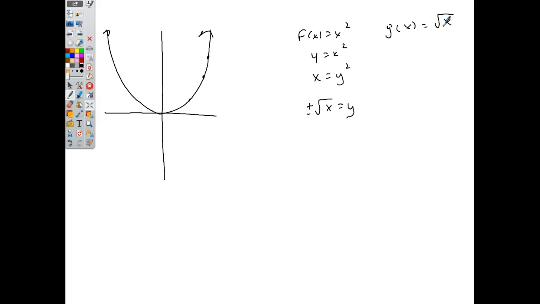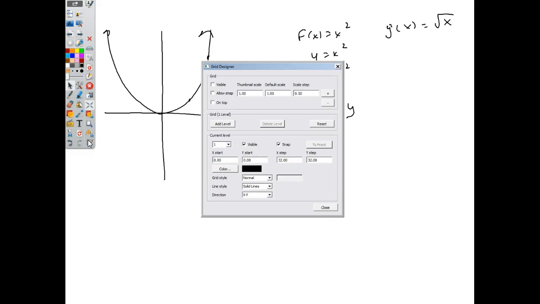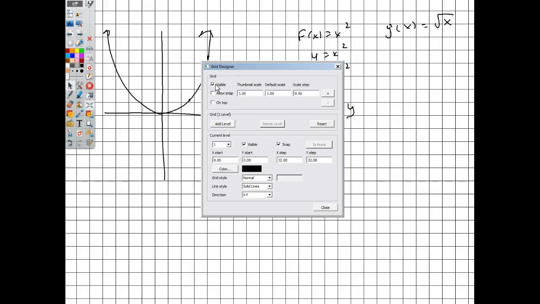Inverse is just the interval, right? Inverse is where you switch the x and y. That's what I just did. Oh. Yeah. That's not too bad.